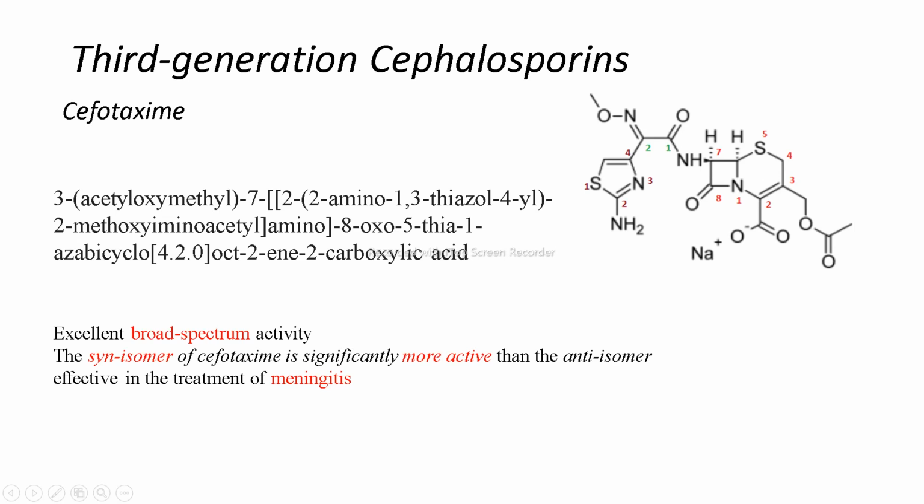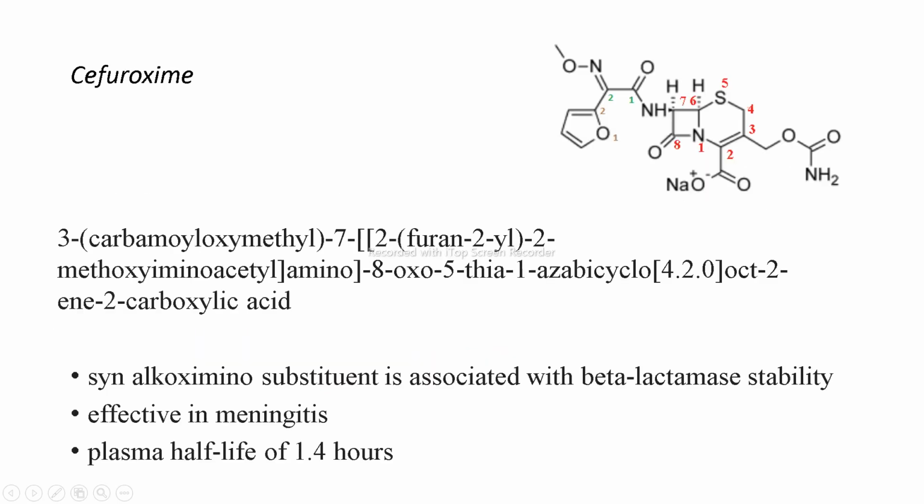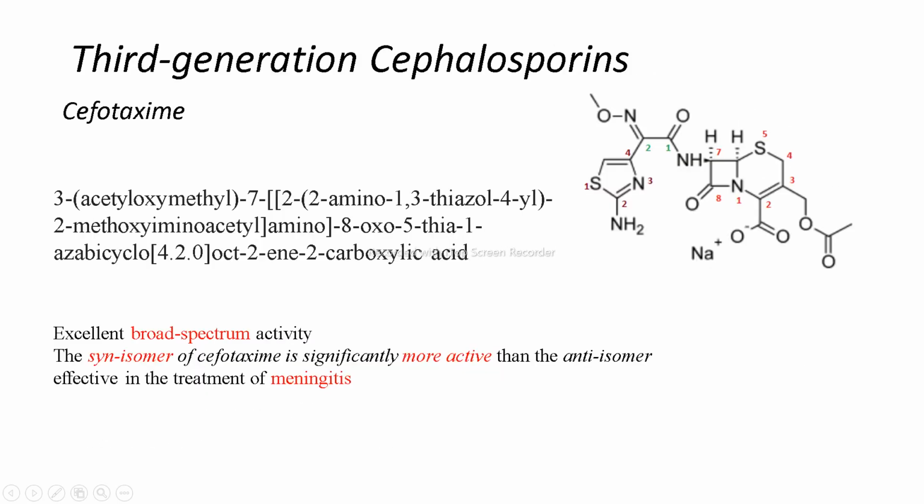Also, this carbamoyl group is present in all the cephalosporins. Only there is a change. In the previous structure, it was a furan ring. Now in this structure, this is a 1,3-thiazole ring. So this is the basic minor difference between the structure of the cefotaxime and the second generation cephalosporin, that is the cefuroxime.